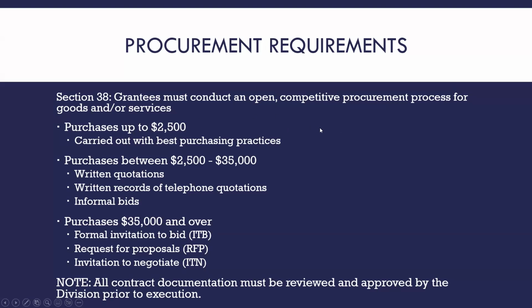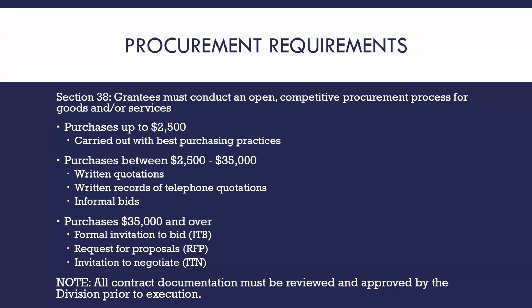So purchases up to $2,500, get quotes. Purchases between $2,500 and $35,000, you'll need written quotes or written records of telephone quotes, informal bids.